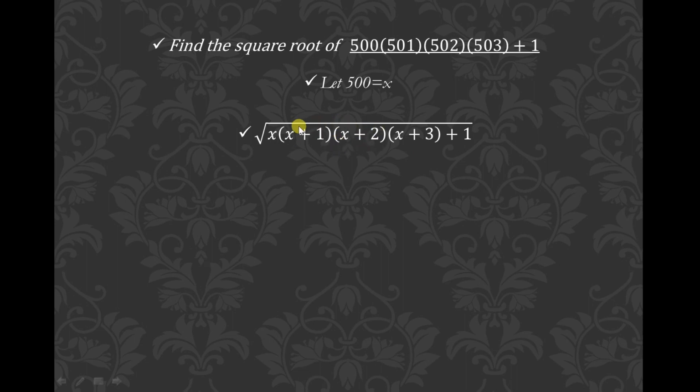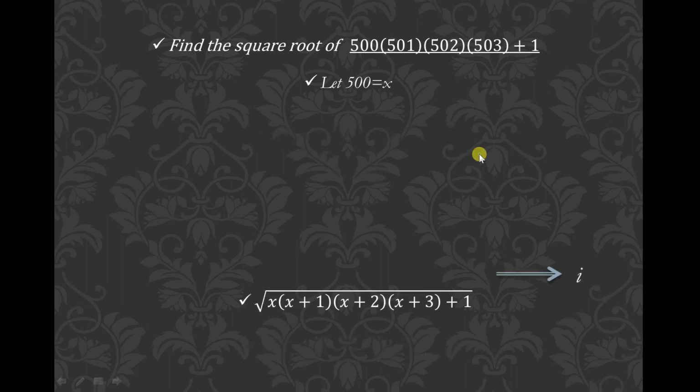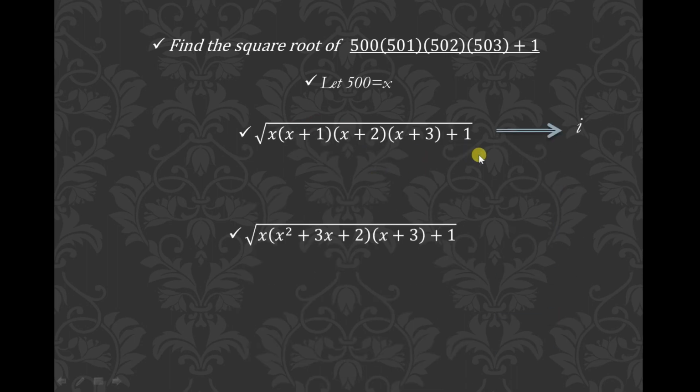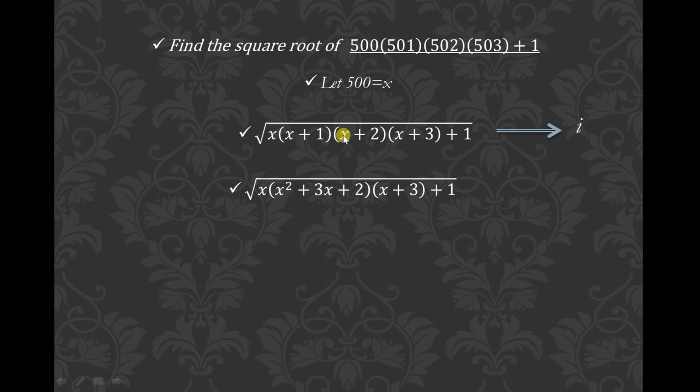When we multiply them, it becomes x into x, x square, and we have 3x and plus 2. So this is the expression we obtain by multiplying x plus 1 and x plus 2. All the other terms are as they are.